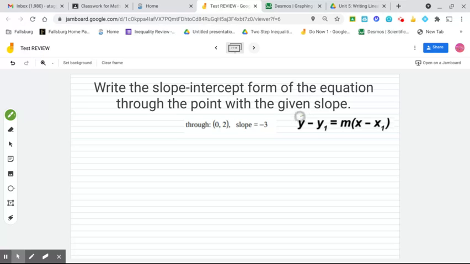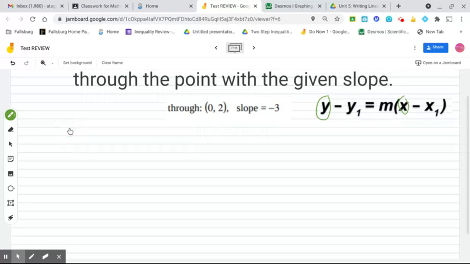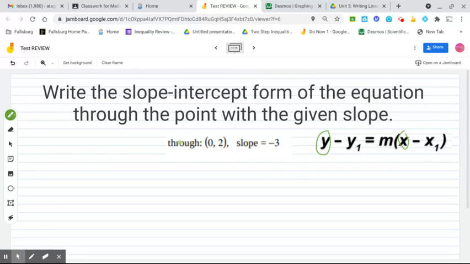So remember, our y and our x are always going to stay the same. It's our x1, y1, and m that's going to change. But again, that's going to be given to us. So the slope is given to us, which is m is -3. And then we know x1 and y1 because that's our point that's given. x1 is 0, y1 is 2.